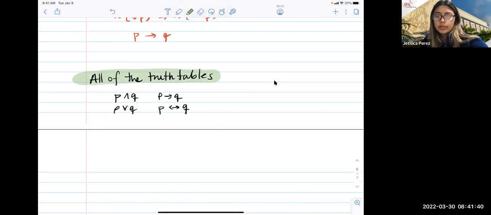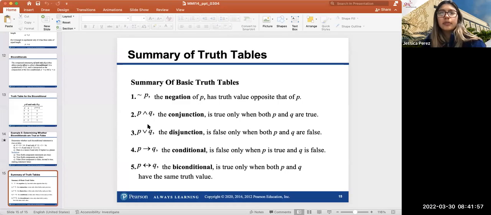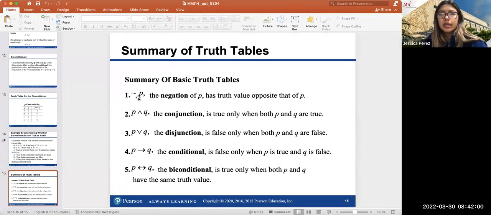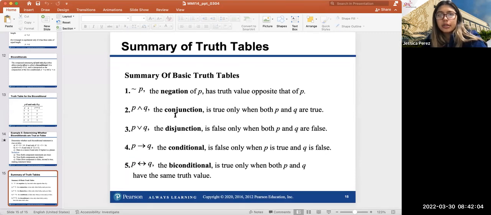I will also direct you to the PowerPoint that you should have. So what I'm going to do is stop the share and go ahead and share my screen again. So this one, make sure you have this one. The negation of P, the squiggly, is the opposite value. The conjunction, the and, is only true when both P and Q are true.